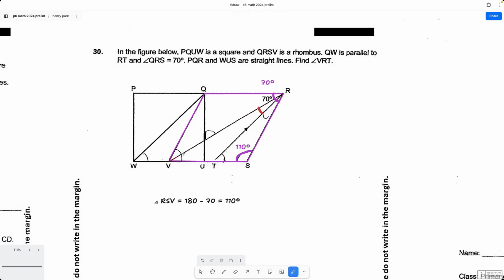Next thing is that we see there is a halfway line. I'm going to draw it in purple, but dotted, this dotted line over here.